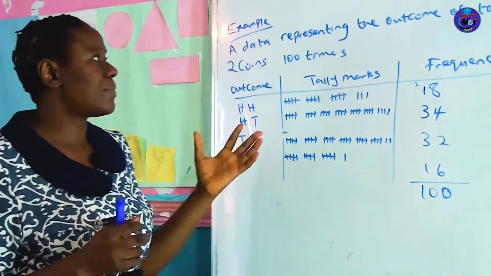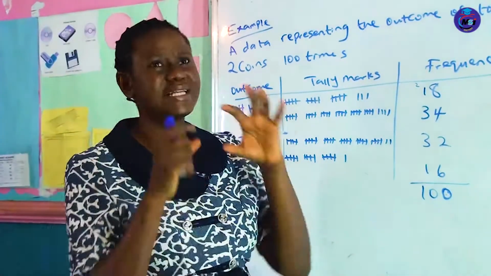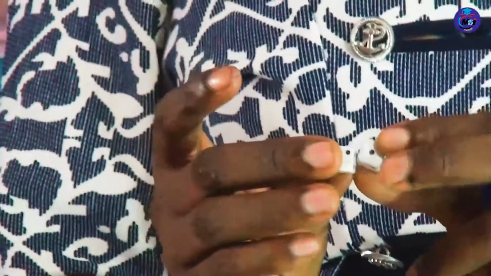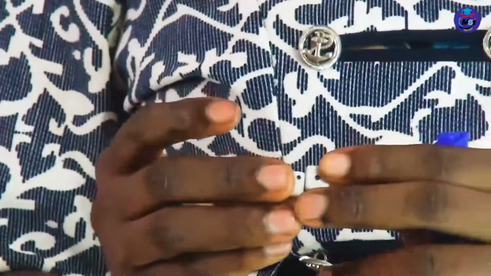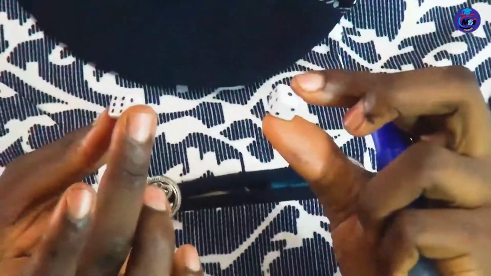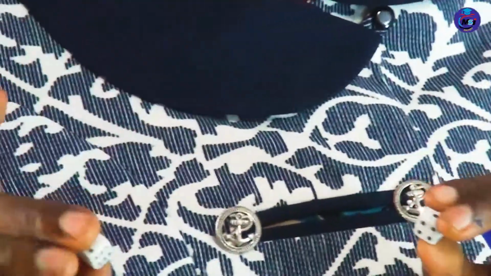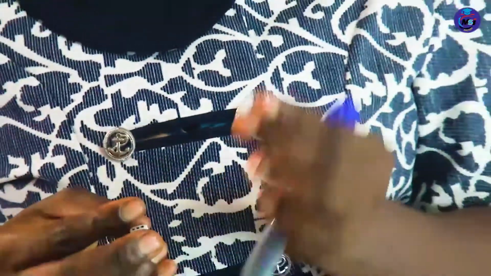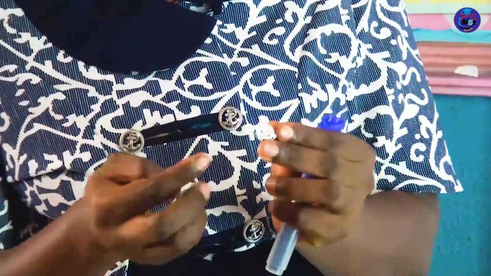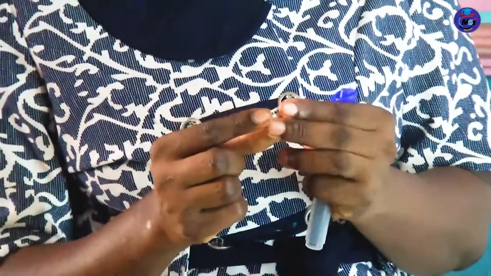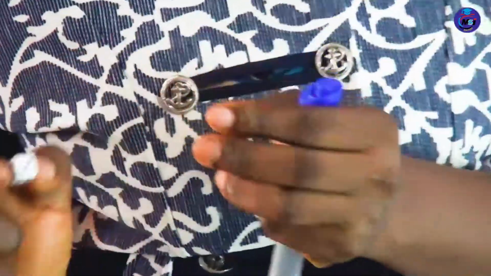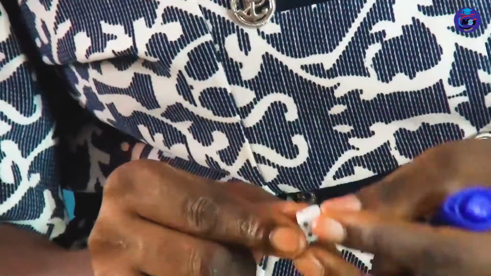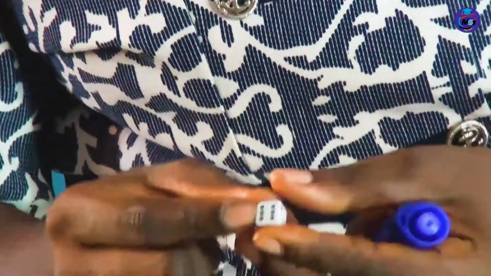Now, talking about a die. A die is like a cube. I have two dice, and each side of a die has a different number of dots. It could be a 1, a 2, a 3, a 4, a 5, or a 6.